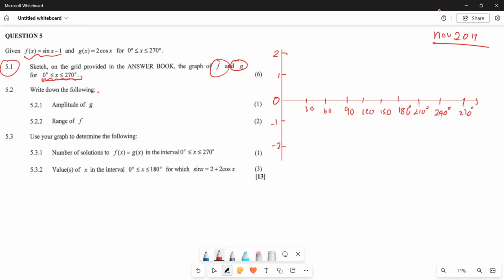Obviously, the graph ranges between 0 degrees and 270 degrees, and that's the reason we are having all these plots here.